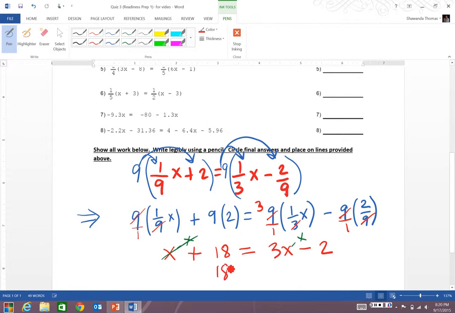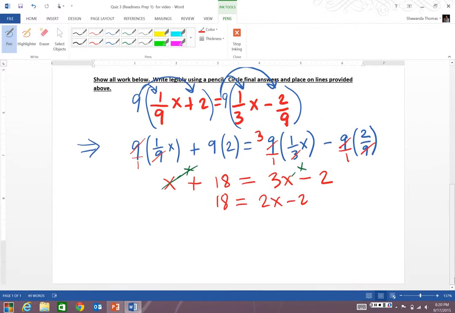I have 18 equals 3x minus x, 2x minus 2. Then add 2 to both sides. We get 20 equals 2x. How do we get rid of this 2 from this side? We divide by 2. 2's cancel out. So our final answer is x equals 10.